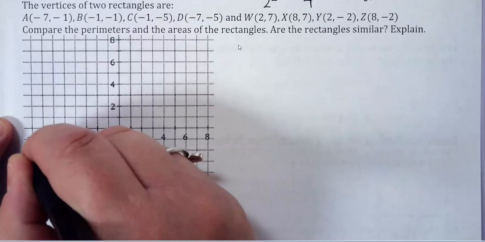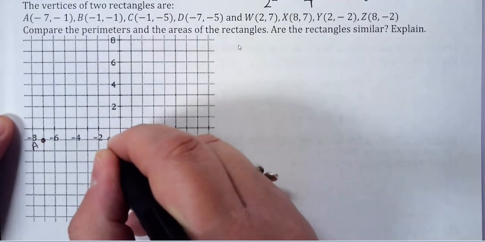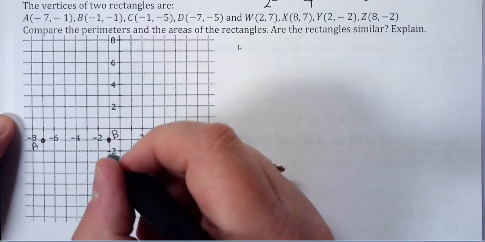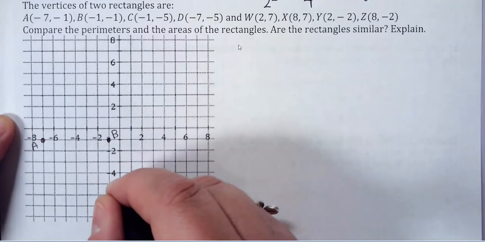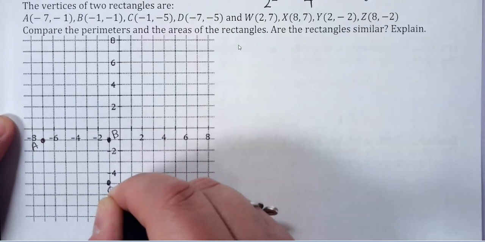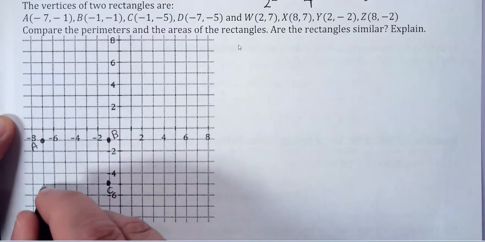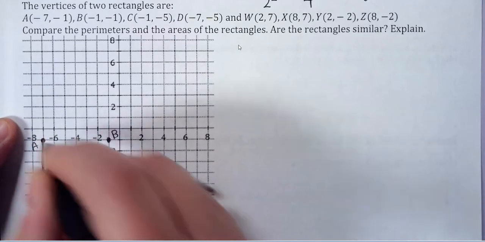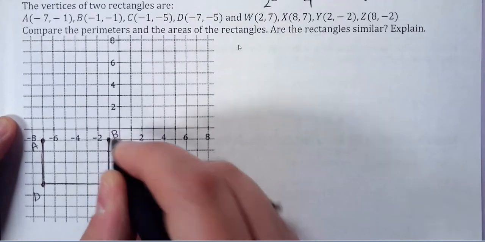I'm just going to put the letter next to the point on mine. The first number is your left or right, that's your X value. Second number is your up or down, that's your Y value. And these should form nice rectangles when you plot them. We're going to see if these guys are similar to each other.